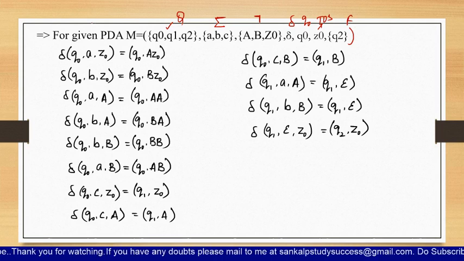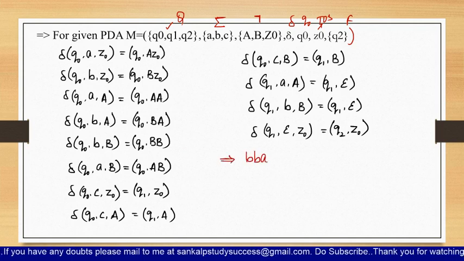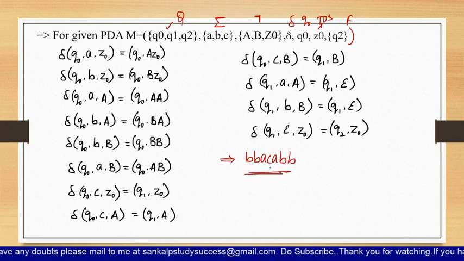For this push down automaton, they are also given the moves, that means the instantaneous descriptions. Now what are we going to do? Let us take any input string, let me consider it as BB ACA BB. This is any input string which we can consider, and let us check whether this input string is going to be accepted by the push down automaton or not. How are we going to check it?